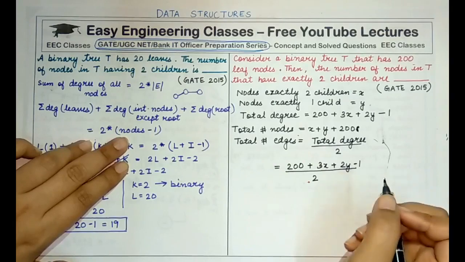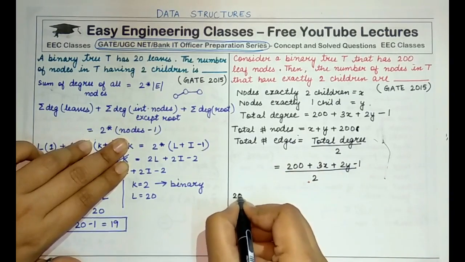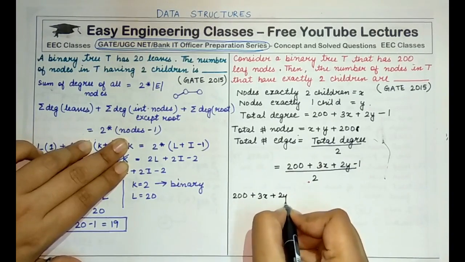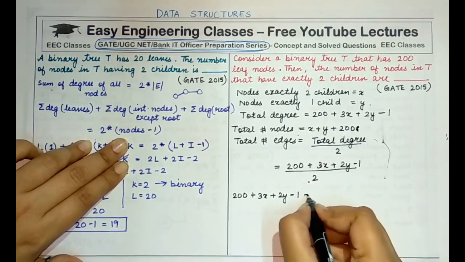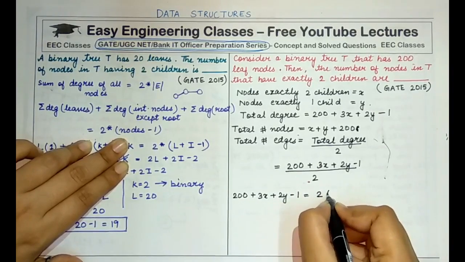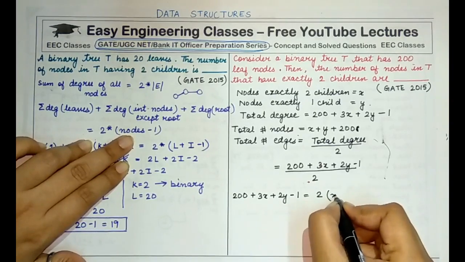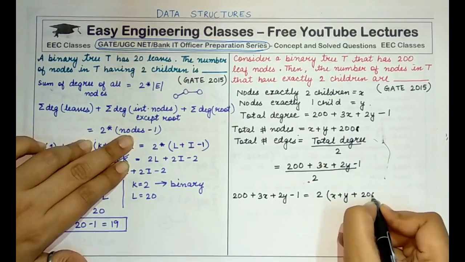Alright, so what would be the equation that would come up? 200 plus 3x plus 2y minus 1 is equal to twice the number of nodes minus 1. The total number of nodes is x plus y plus 200.